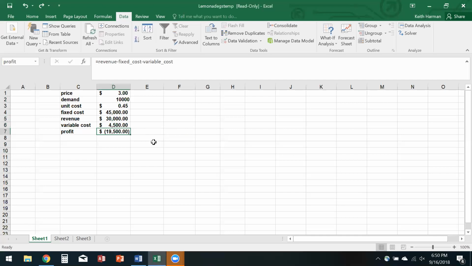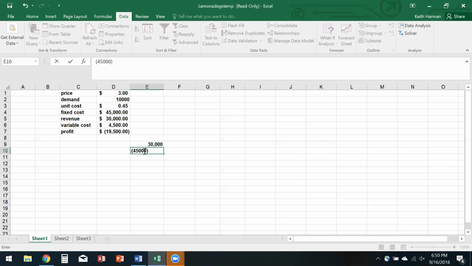and it's revenue minus the fixed cost, minus the variable cost. Now, it's pretty simple. Let's look. We had $30,000 that we made, and we've got to subtract the fixed cost of $45,000.